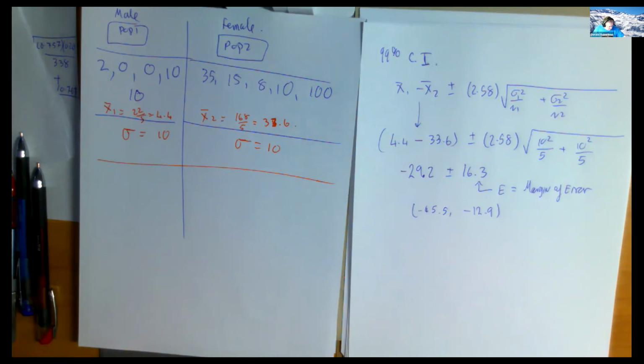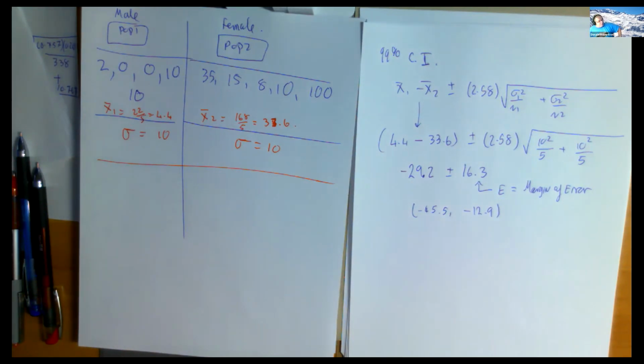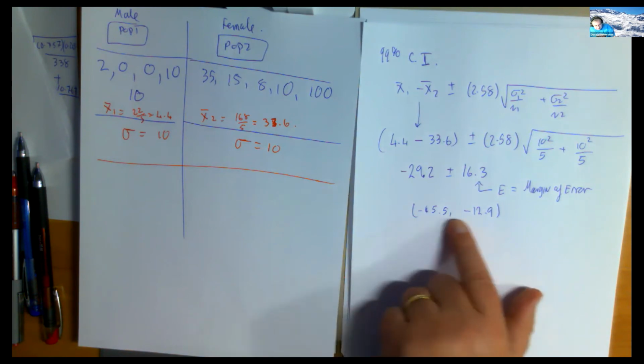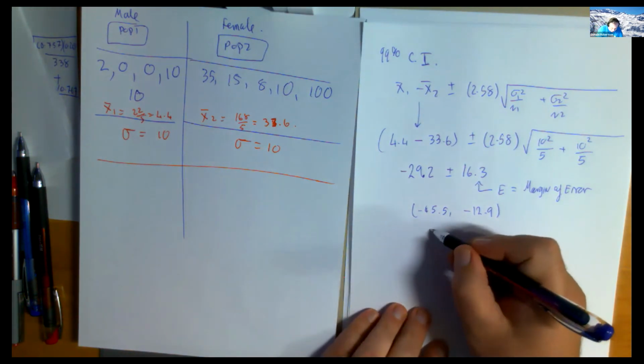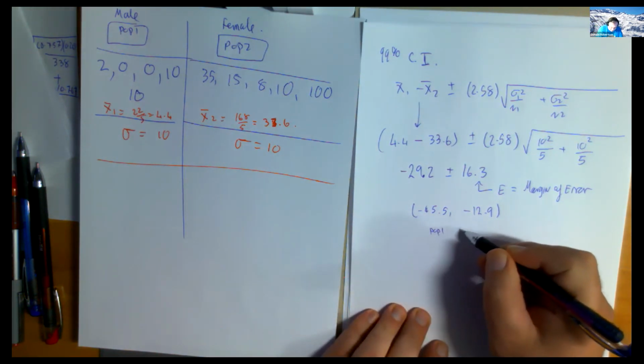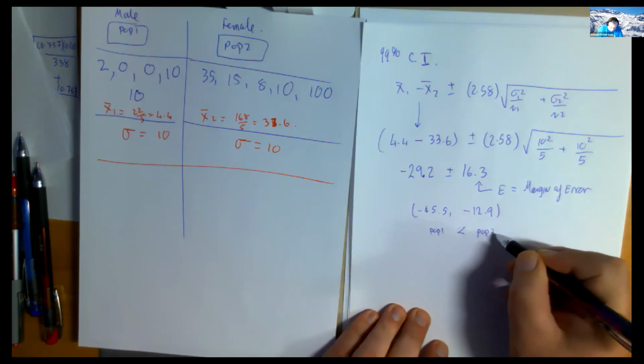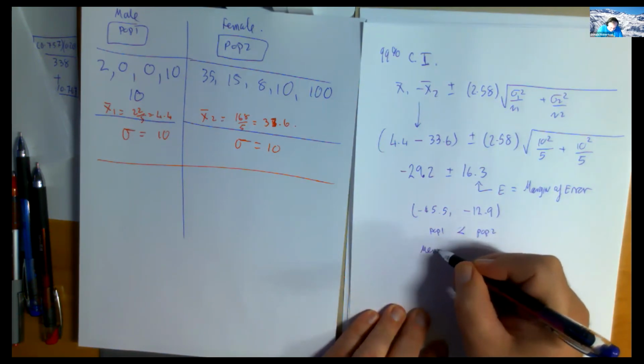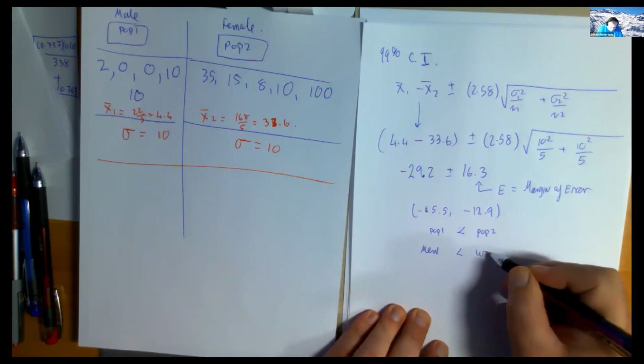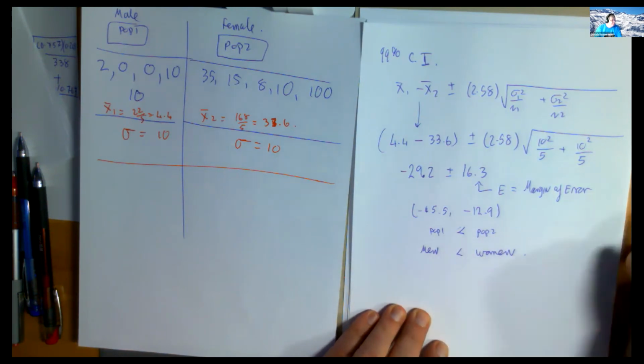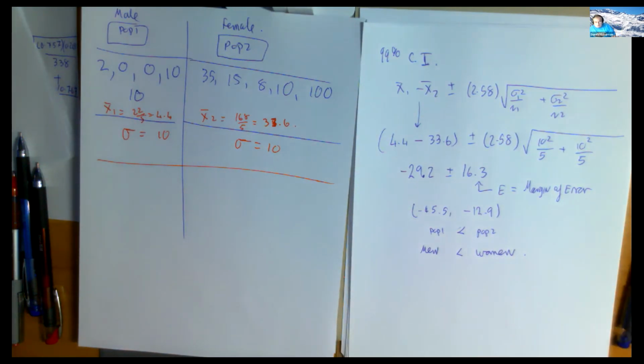Which means that there is a significant difference, at least in our sample, between women and males swearing. And the fact that these are all negative means population 1 is less than population 2. In other words, men swear less often than women, which was the total opposite of what I was expecting.